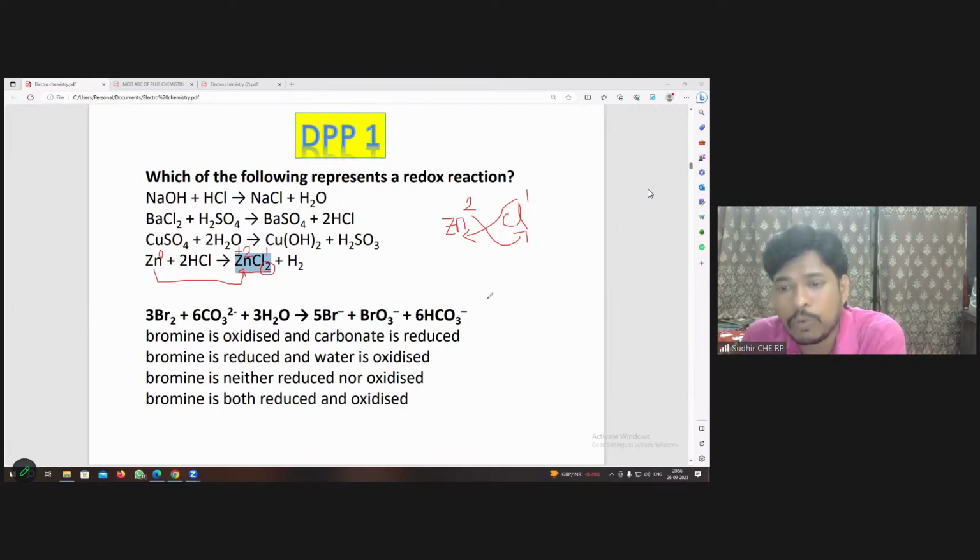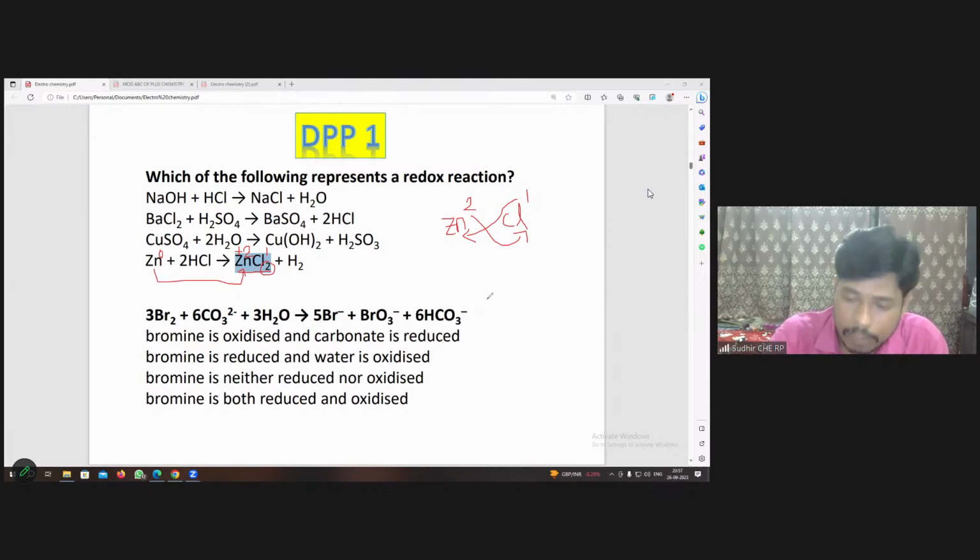The sum of oxidation numbers of all the elements present in an ion is always equal to the charge present on the ion. A positive ion means it is equal to the positive charge, and a negative ion means it is equal to the negative charge. Did you understand these 2 rules?